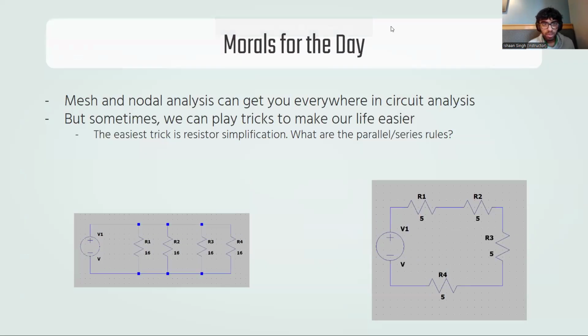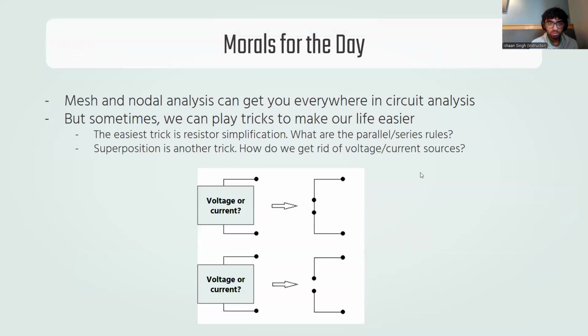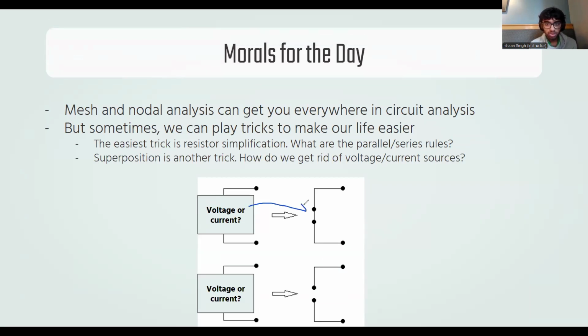But yeah. And superposition is another trick that we can play. And so if I want to remove a source from a circuit when I'm isolating a different source, what do I change to a short circuit? Do I change a voltage source to a short circuit or a current source to a short circuit? Yes, voltage. And so, of course, this is a voltage source. And the current source is what we change into a break in the circuit.